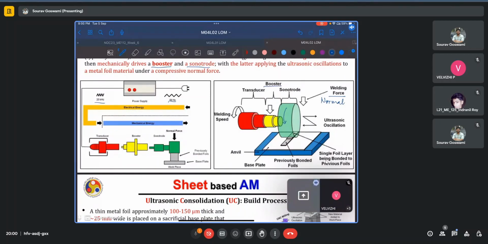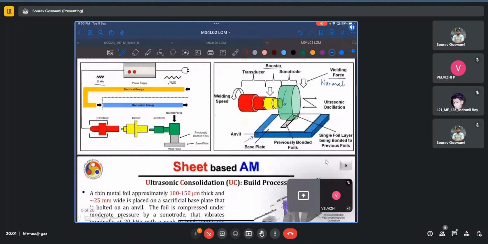We use an anvil as the base of the machine, and on top of the anvil is a base plate. Often the base plate is of sacrificial nature, so it will be consumed during the build. And we see the previously bonded foils as well as the new incoming foil layer.